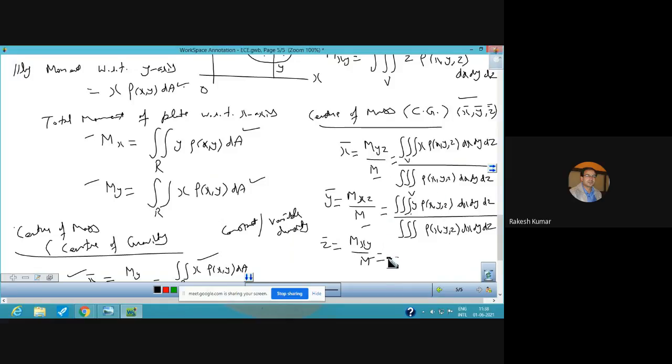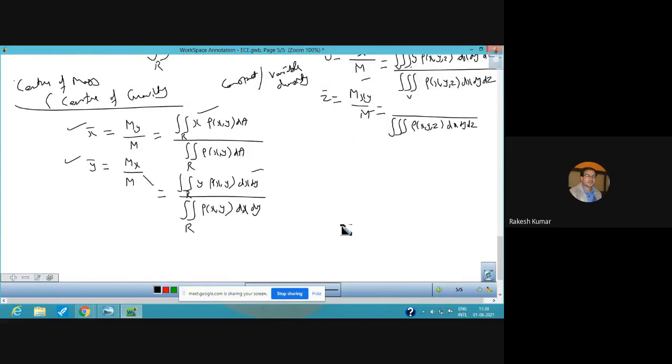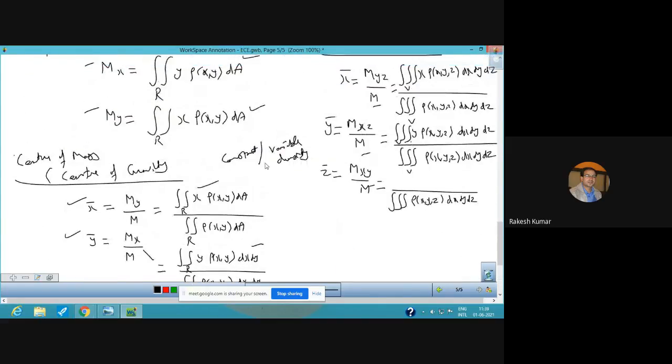So in all three, the denominator value will be the same, and that will be the mass. And in the numerator we shall have the triple integral of z rho(x, y, z) dx dy dz. So this is the z coordinate.